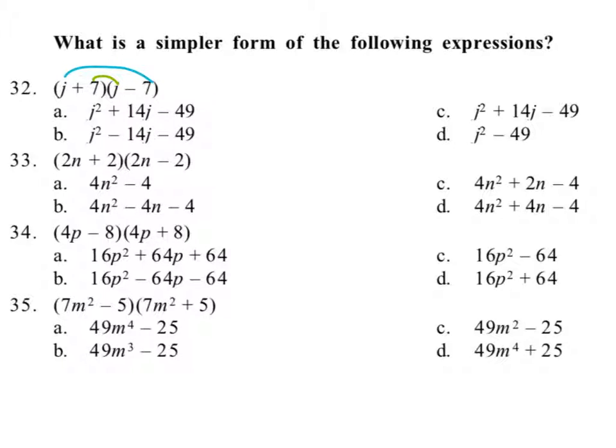And so what you get as a result is just a binomial that looks like the first term squared, j times j, j squared, and then the last term squared, 7 times 7, 49.